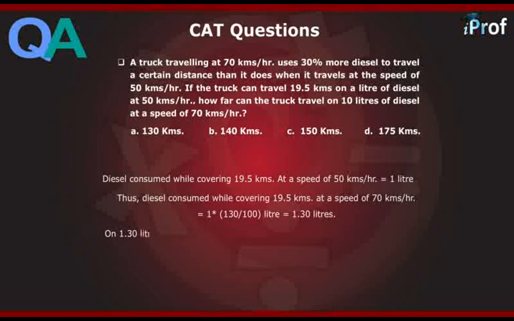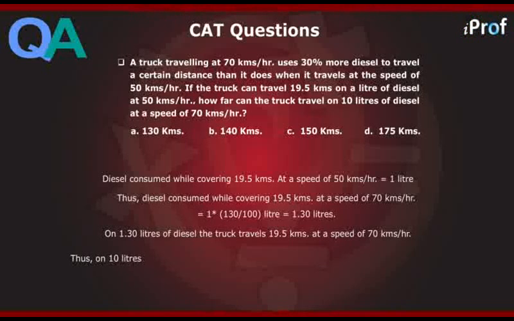On 1.3 liters of diesel, the truck travels 19.5 kilometers at a speed of 70 kilometers per hour. Thus, on 10 liters of diesel, the truck travels 19.5 into 10 divided by 1.30 kilometers at a speed of 70 kilometers per hour.